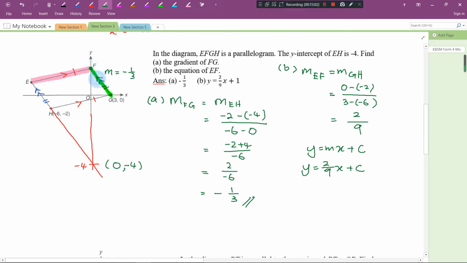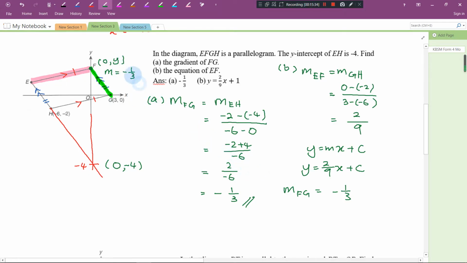So just now we got the gradient of the straight line FG is equal to -1/3, right? On the y-axis, x is equal to 0. So I don't know the y. So now I'm trying to figure out the value of y here. Gradient of FG is equal to -1/3. Just now we used this point and this point to help us get the gradient, right? So now I want to find the y.